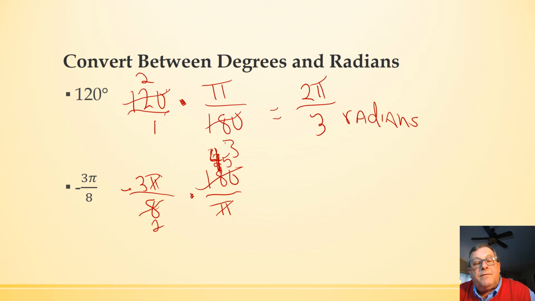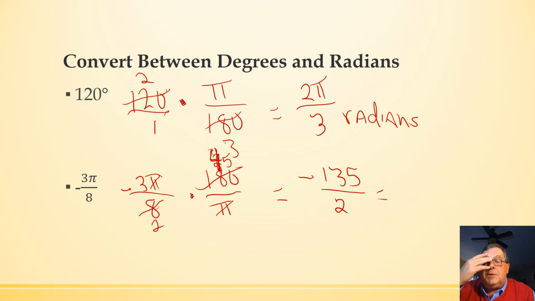All right, so then we'd have negative 3 times 45, and that's going to equal negative 135. Let me get my calculator out. Yes, it's negative 135 over 2. And let's divide 2 into negative 135.